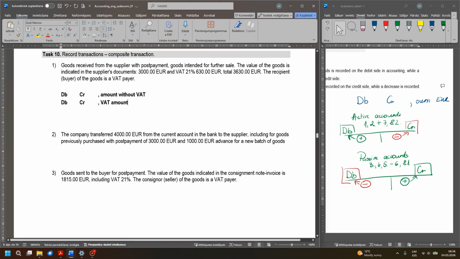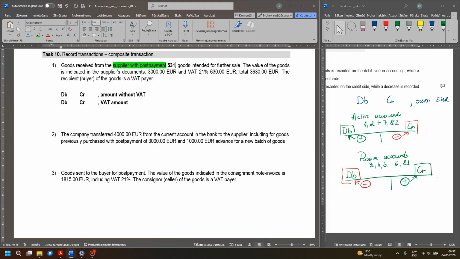So if we receive the goods from the supplier on post payment terms, this is a passive account. That means I have liabilities. Always when we make a transaction, we are sitting on the company side, and so we are thinking like this. I get the goods, I didn't pay yet, so this is my liability.